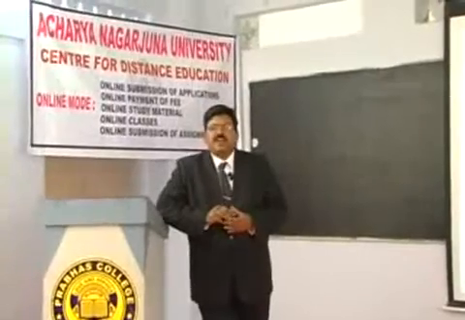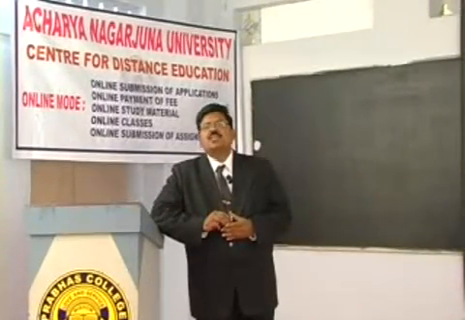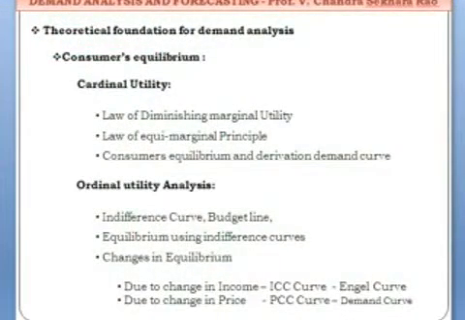The background for demand analysis is we have to start with consumers' demand and consumers' equilibrium. And there are two approaches to explain consumers' equilibrium. One is the neoclassical cardinal utility approach developed by Alfred Marshall, and the second one is the modern approach developed by Hicks. So whatever may be the approach, we get the same results.